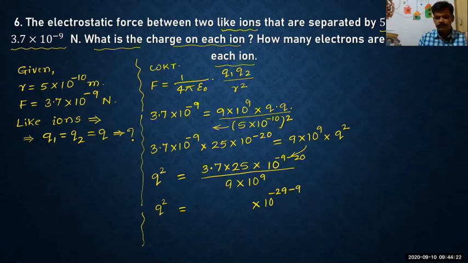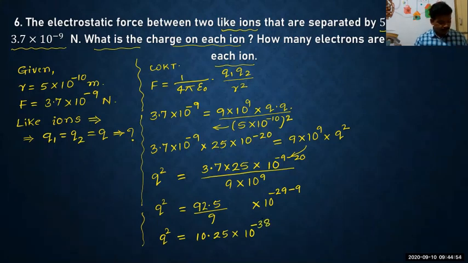Sir, 92.5, sir. 92.5 divided by 9. See what it is. 92.5 divided by 9. How much it will be? 10.277. Okay, 10.27 into 10 raised to minus 38.